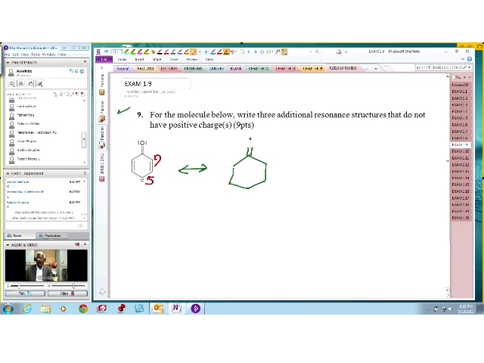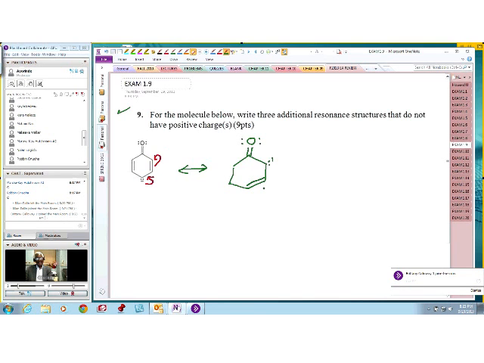I have the carbon-oxygen double bond. I did not change anything here, so that should stay there. Now, since I moved this pi electron to this carbon, I have those two electrons here now. That means that carbon will be negatively charged. And also, since I moved these two non-bonding electrons to form a bond between this carbon and this carbon, now I have a double bond right here. So this is an acceptable resonance structure. You notice this resonance structure does not have a positive charge on it.